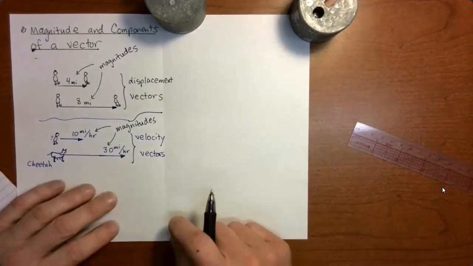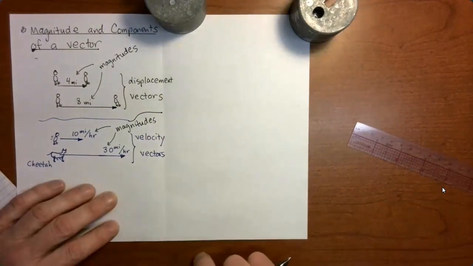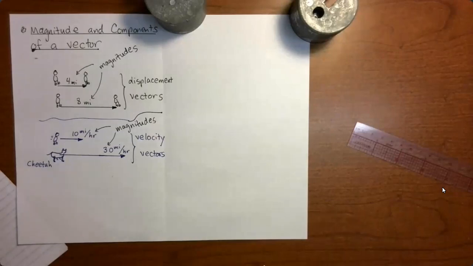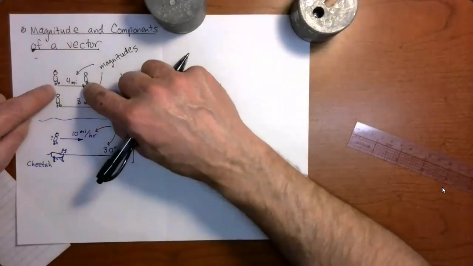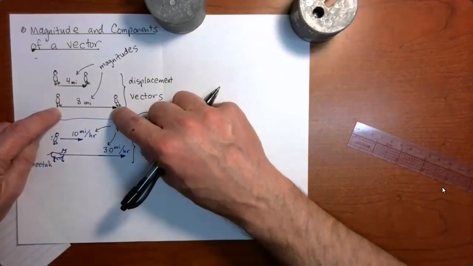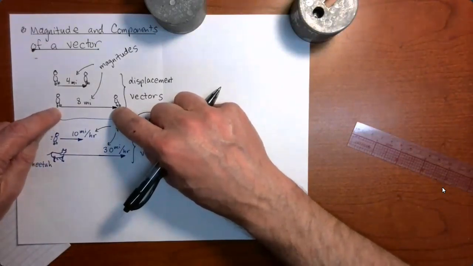Okay, so again, notice that in both of these examples, there is a quantity which is represented by the size of the vector that I draw. For the displacement vector, a vector which is drawn twice as long represents twice the distance traveled.